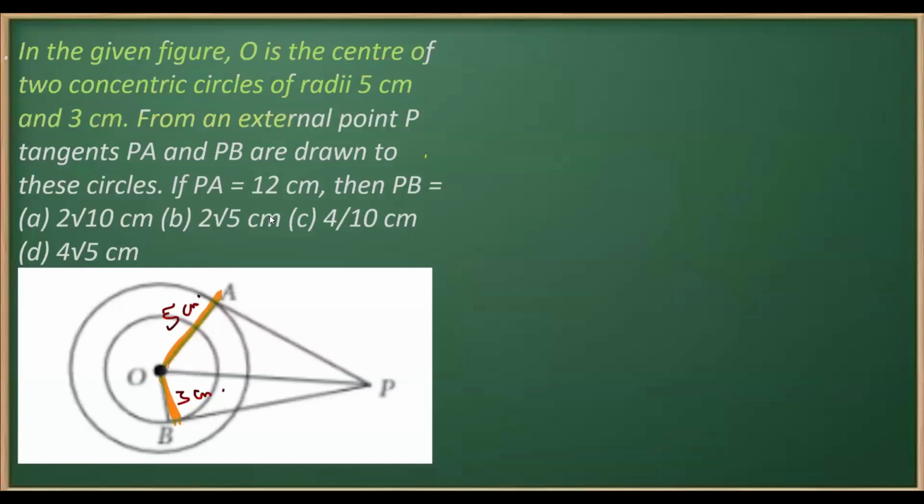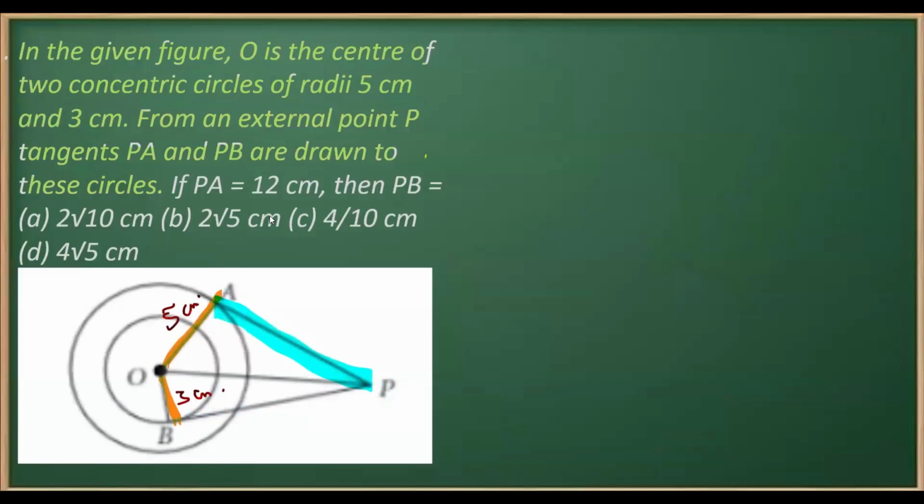Then it says that from an external point P, tangents PA and PB are drawn. That means we have an external point P from which PA and PB are two tangents drawn to these two different circles. So make sure you are not getting confused that these are not tangents from the same exterior point, right?